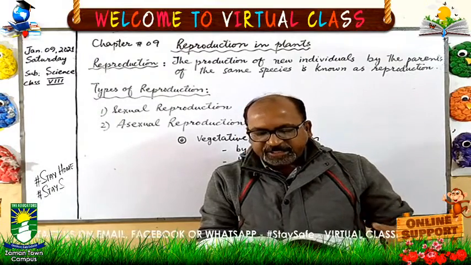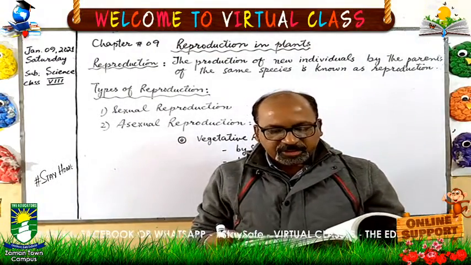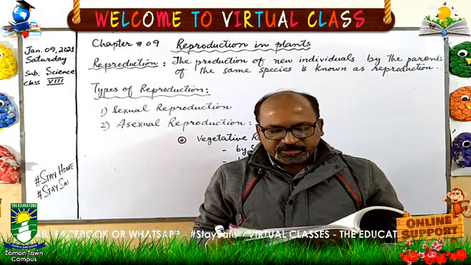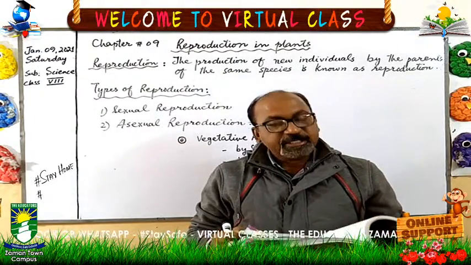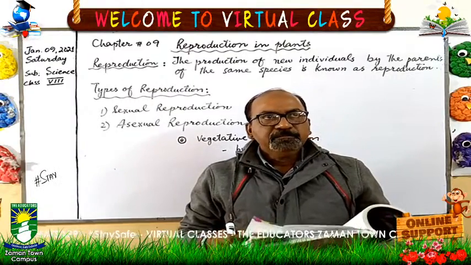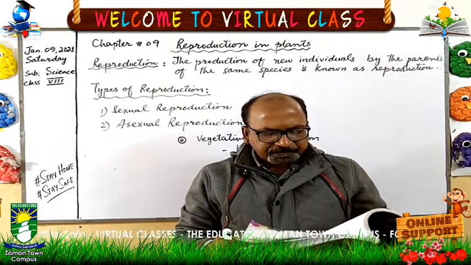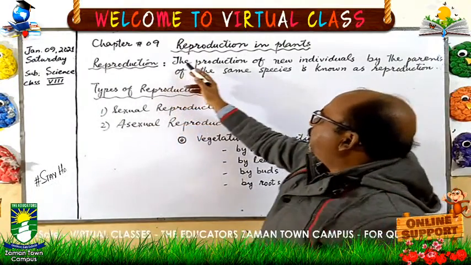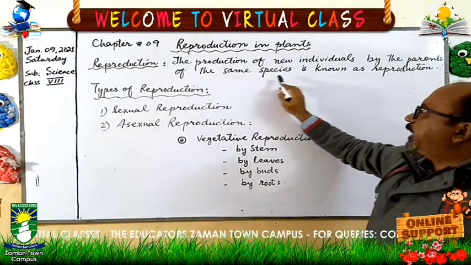This is asexual reproduction. I have given you the introduction paragraph. You will read about reproduction, and about asexual and sexual reproduction, from page number 109. And now we are going to discuss. As I have told you, reproduction is the production of new individuals by parents of the same species.